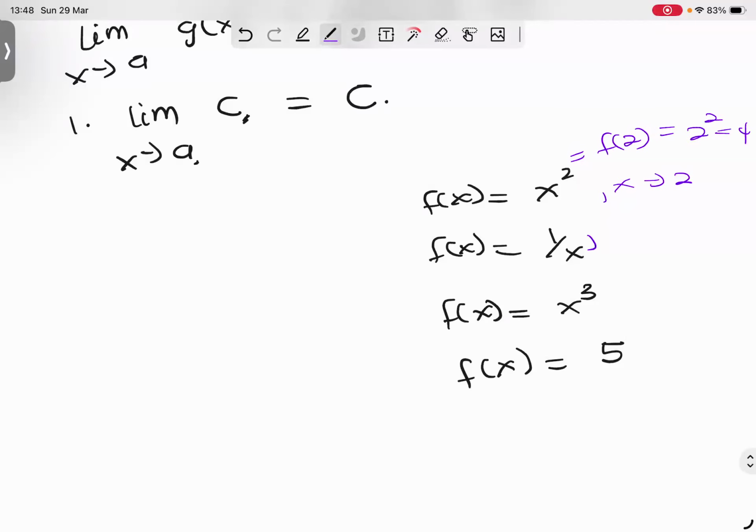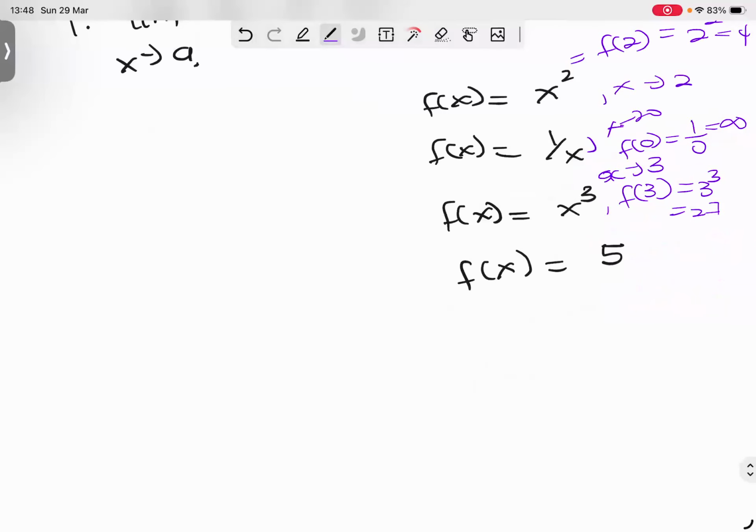For the second one, x was approaching 0, so we find f of 0, which is 1 over 0, which is undefined. So in this case, the limit does not exist. For the third one, we are looking at f of 3 because we let x approach 3. So this will be 3 cubed, and that will be 27.